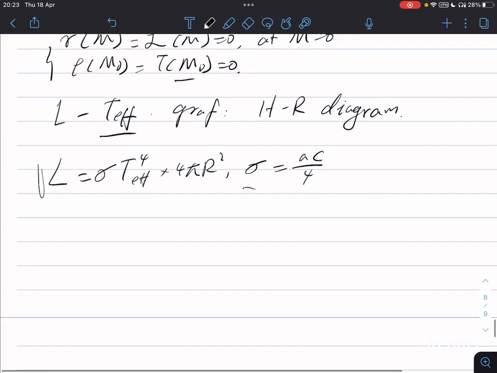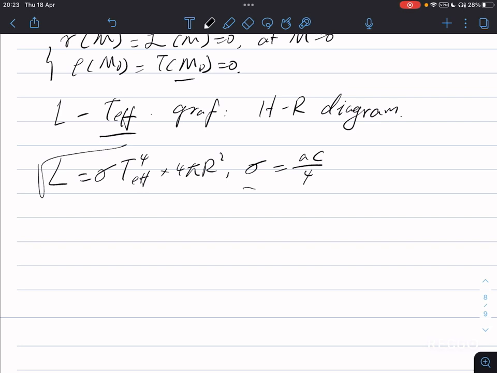This is the theoretical definition of the effective temperature, while in practice, this effective temperature is usually estimated by the star's color or spectrum.